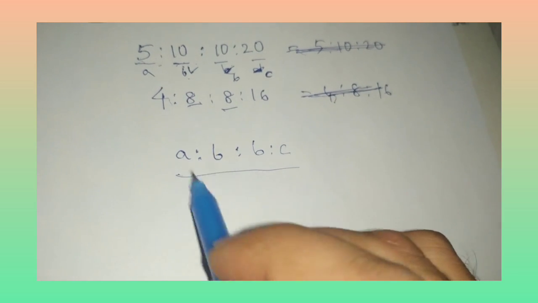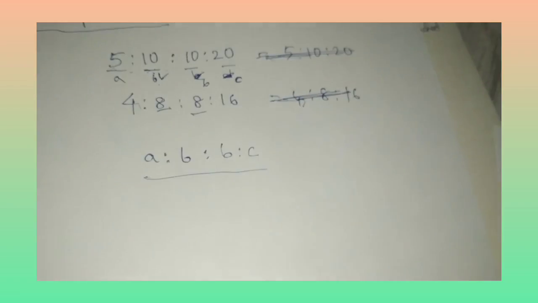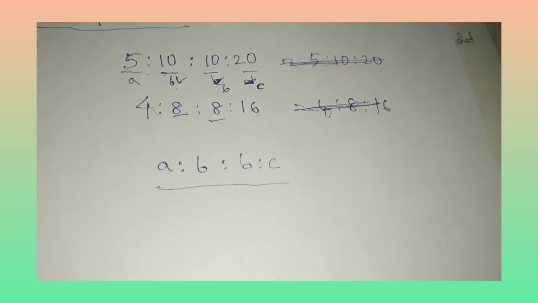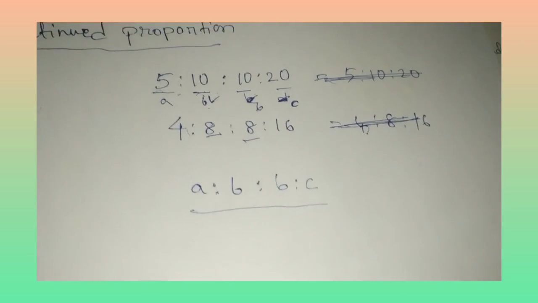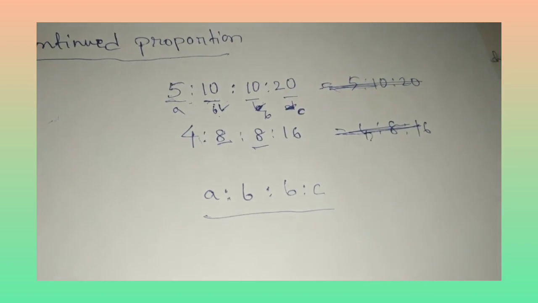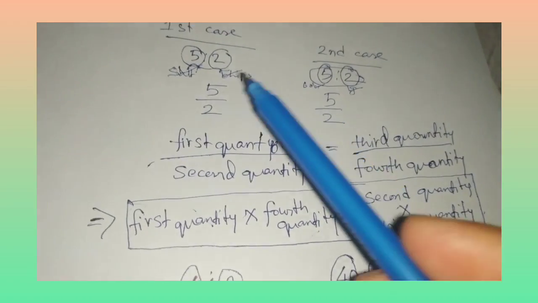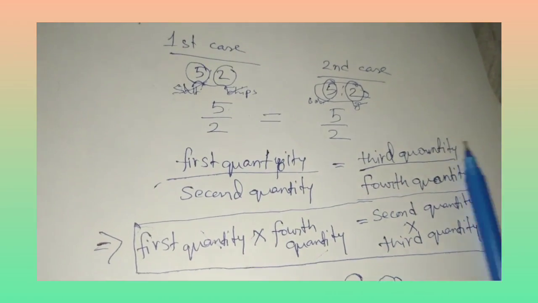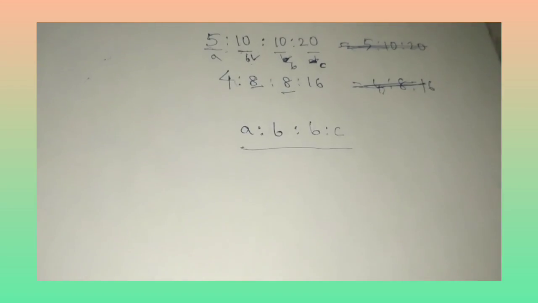In this case, proportion means what? First of all, we need to understand what proportion is. Proportion, as I said in my previous topic, is when in both cases the ratio would be the same. Now what do you understand by continued proportion?